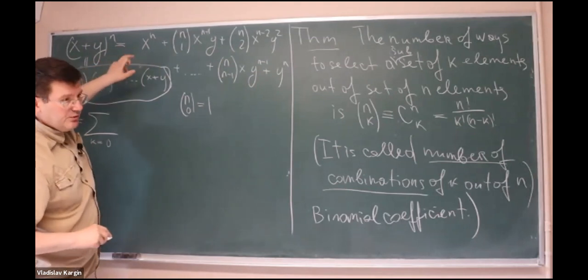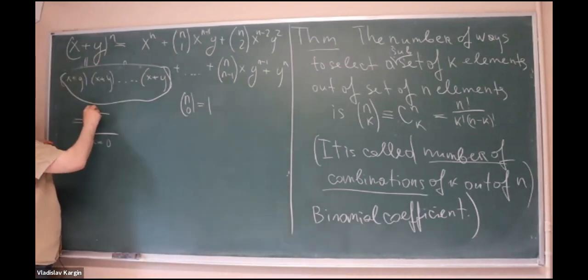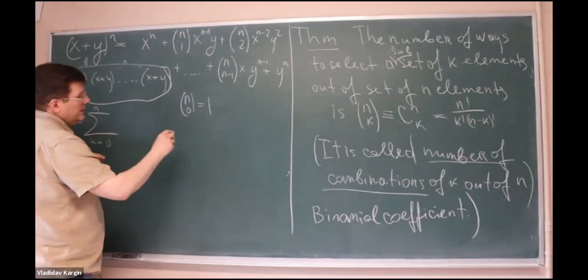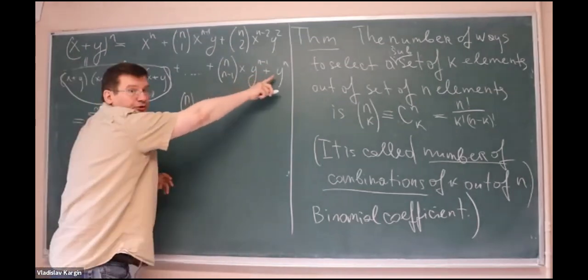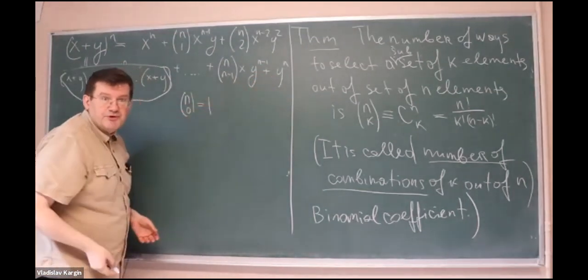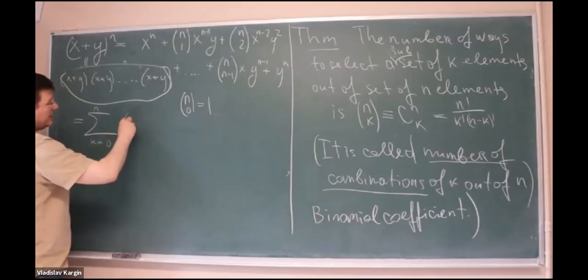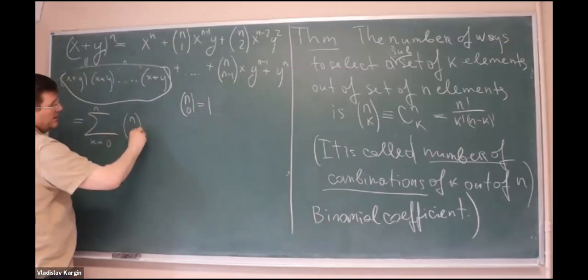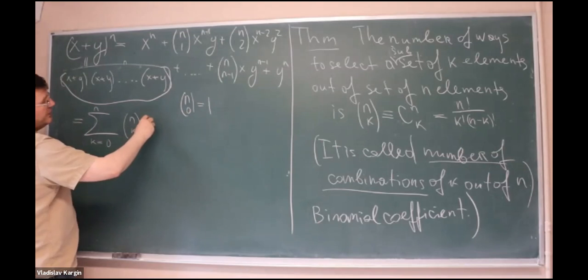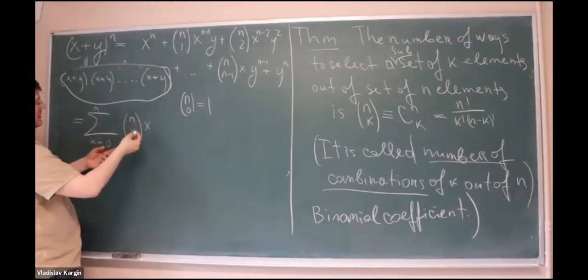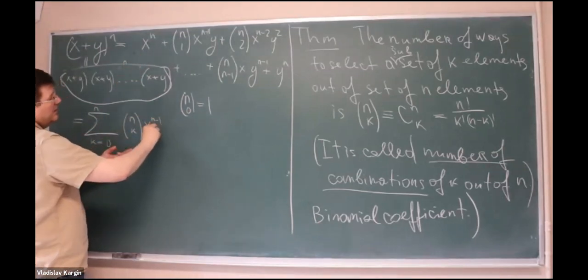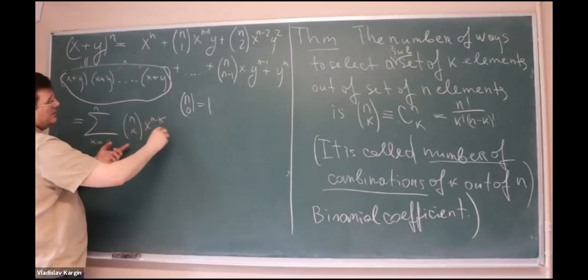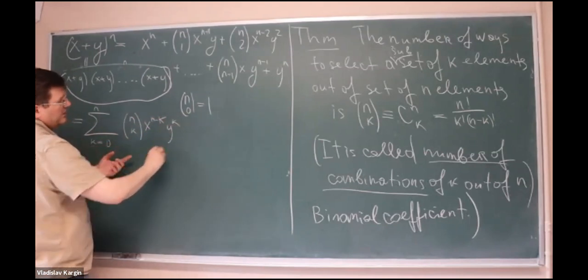Here will be the 0 coefficient up to n, and this one, n out of n, is also 1. And here you write (n k) x to the power of n minus k, y to the power of k.